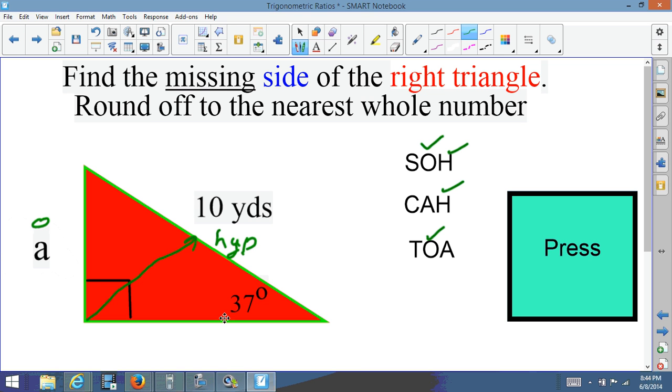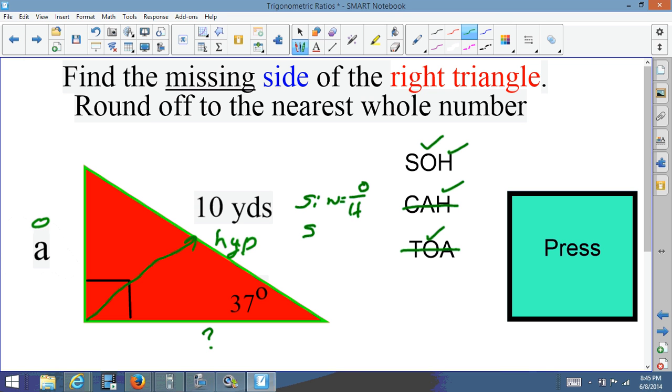If Sokotoa is standing here, there's nothing here. And we need the adjacent for tangent, so we cannot use tangent. So tangent and cosine are no good for us. So we can use sine, which is the opposite over the hypotenuse.